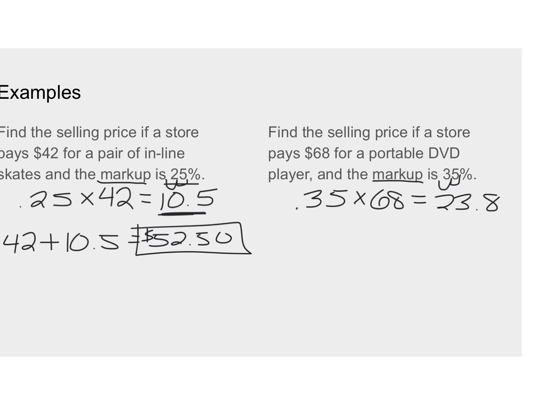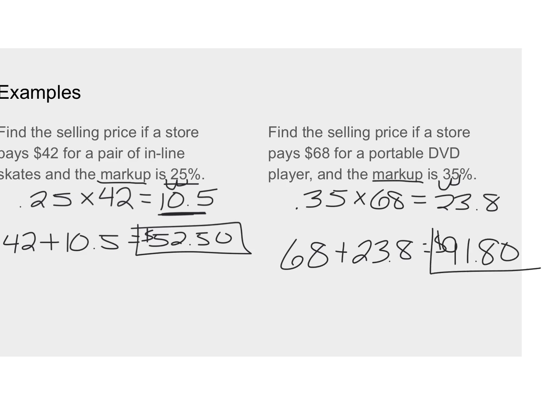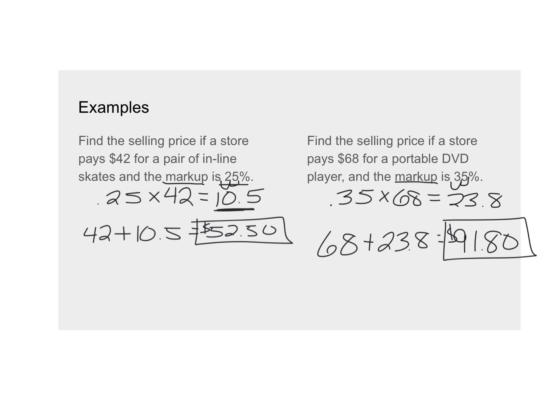Okay, that's the markup value. How do I find the overall price? Plus 68. Yep, do the original price plus your markup value. What do you get? $91.80. Any questions on markup?